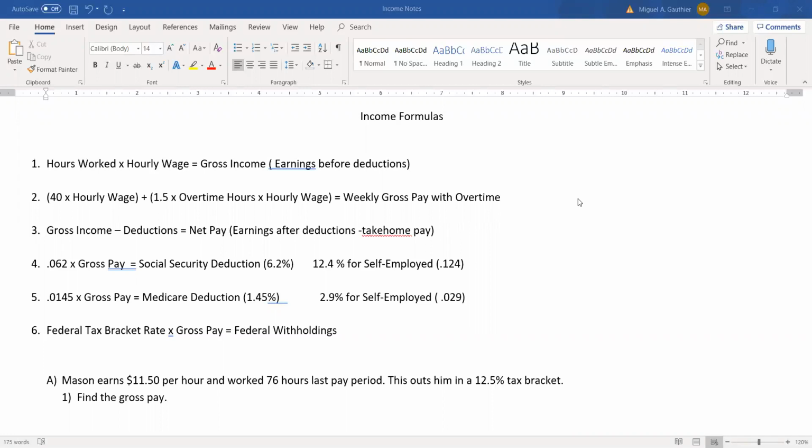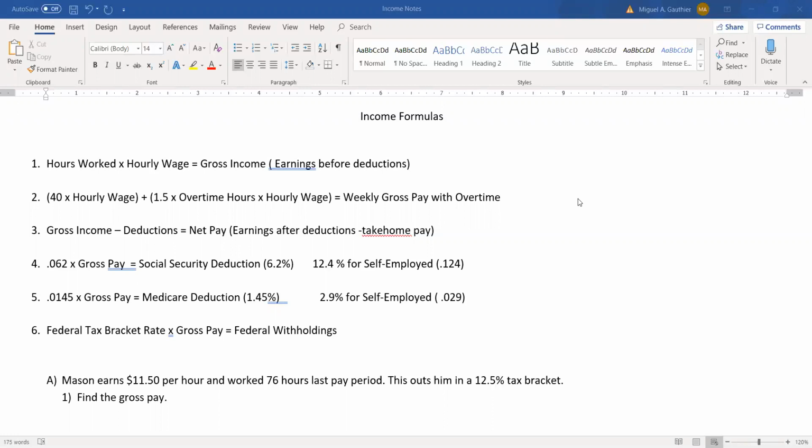Now your gross income minus your deductions, and notice I didn't say taxes because not everything that's deducted is a tax, is your net pay. So your net pay is classified as earnings after deductions, or what we call take-home pay. 0.062 times gross pay is your Social Security deduction because Social Security is 6.2% of your income. 0.0145 times gross pay is your Medicare, as Medicare is 1.45%.